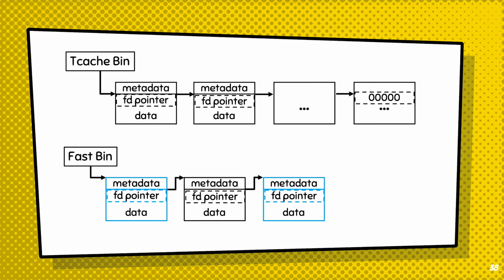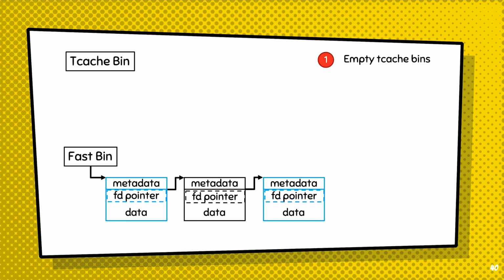To trigger the vulnerability, we will first empty the T-cache bins by malloc. After that, the T-cache bin will be empty, and there are 3 chunks in Fastbin. Next, we're going to use malloc to get the blue chunk returned.